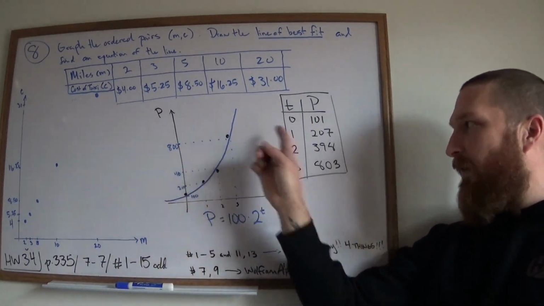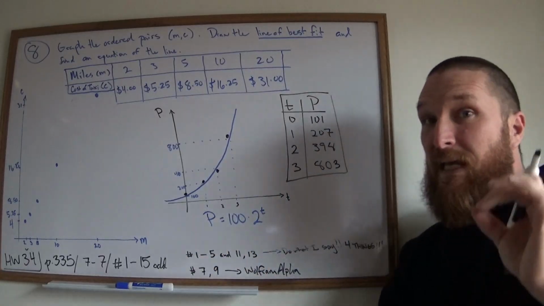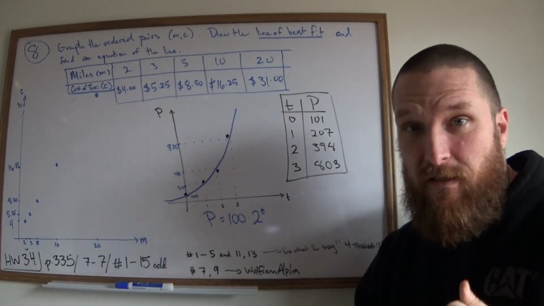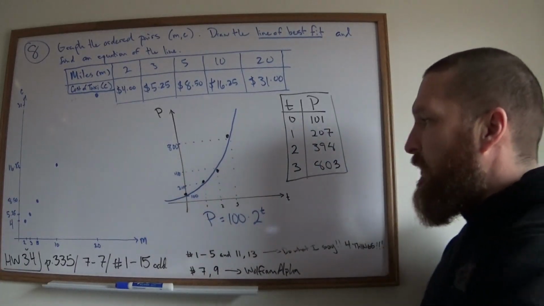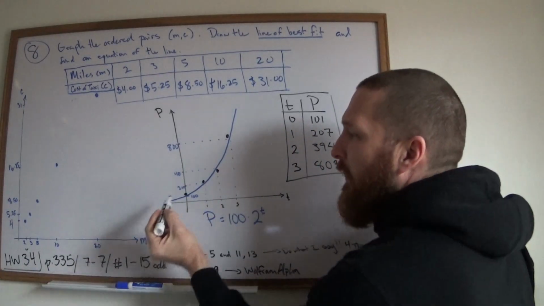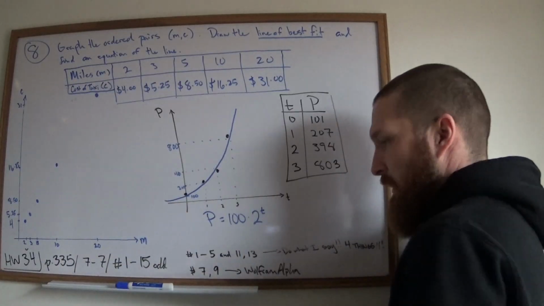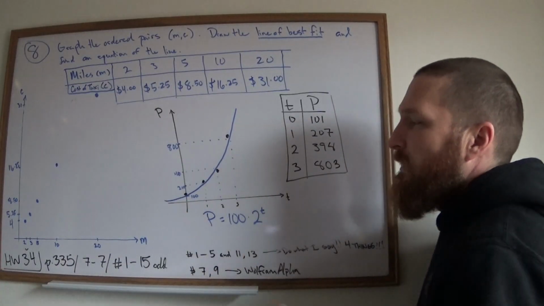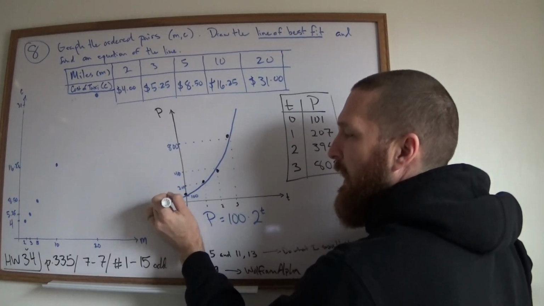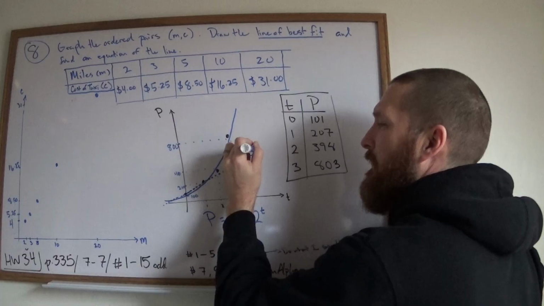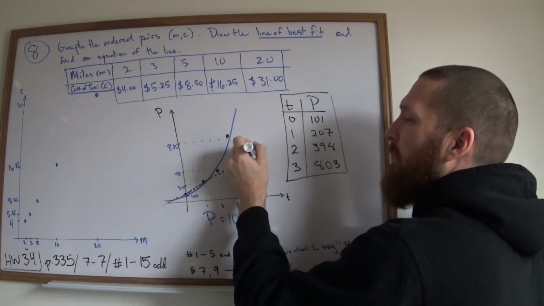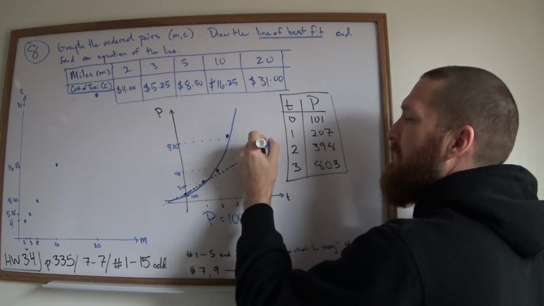But really, if this were your data and that were your model, it would be a very good fit for the data. What would be a bad fit is if you tried to draw a line from any two of these points, let's say these two, and you say, here's my model, y equals mx plus b, or it would be P equals mt plus b.